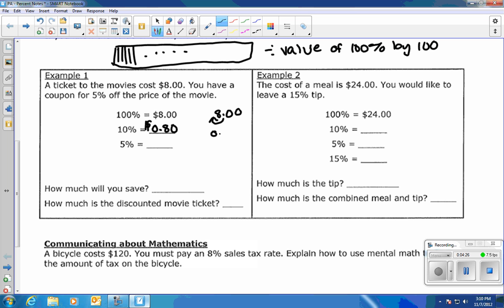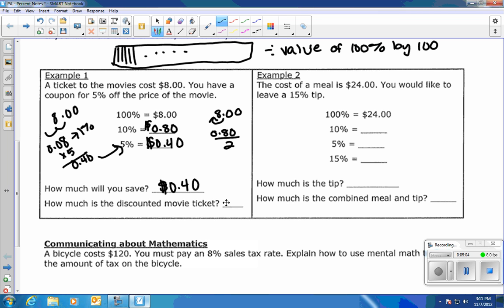Well, I could take this 10% and divide by 2. Additionally, I could always take $8 and divide by 100. That would give me 1%. If I multiplied that by 5 now, that would give me 5%. So there's always going to be multiple ways to get to your answer. That 5% represented the coupon, so that's how much you're going to save.